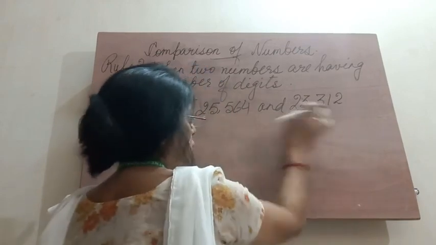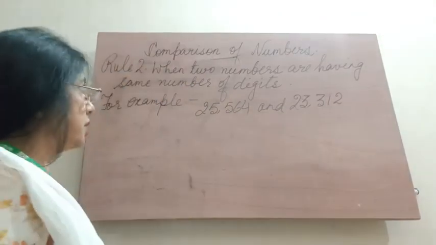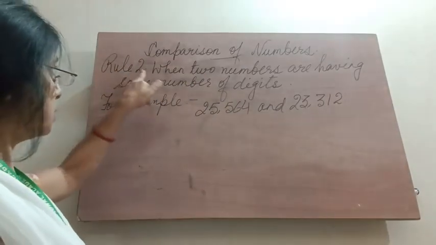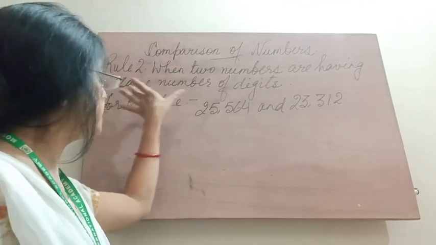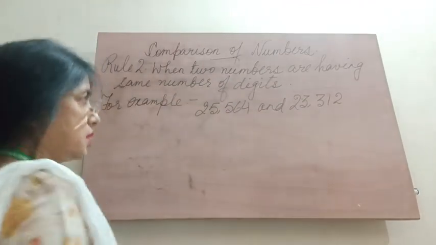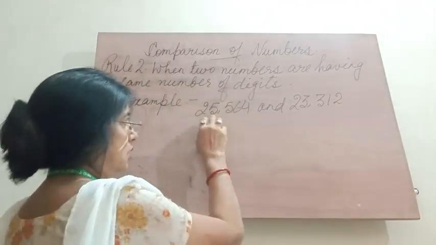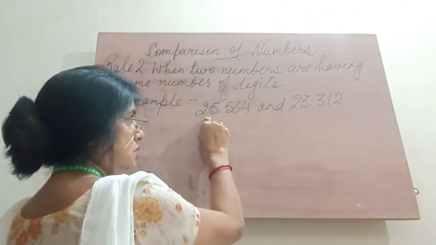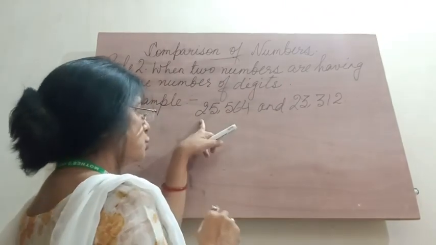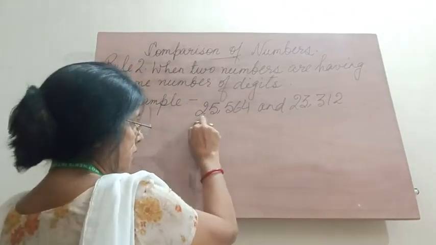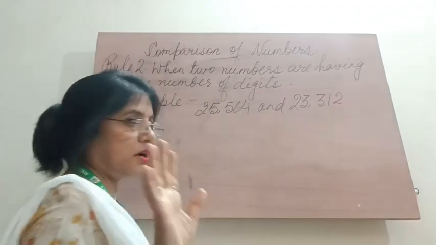These two numbers I have given you. What is rule number 2? When two numbers are having the same number of digits. Now we are going to start counting the digits. In the first number, 1, 2, 3, 4 and 5, there are 5 digits.